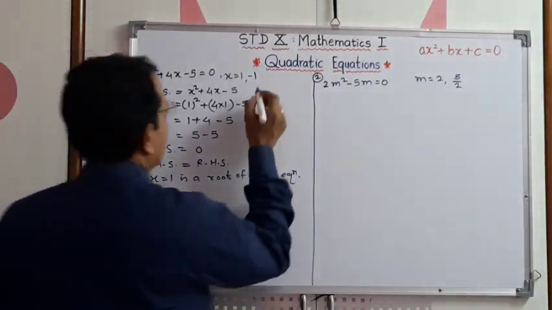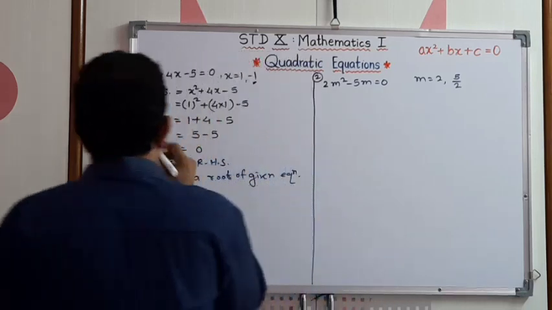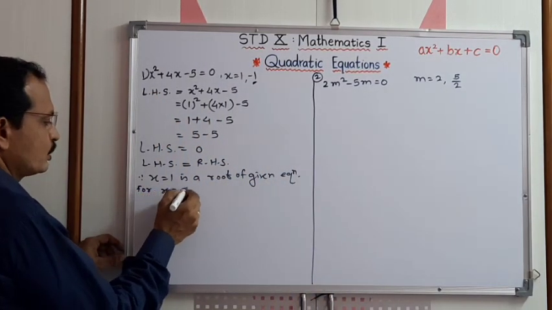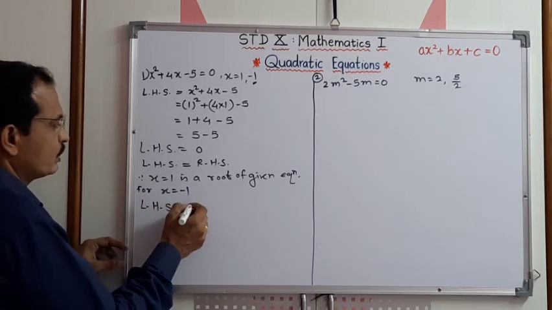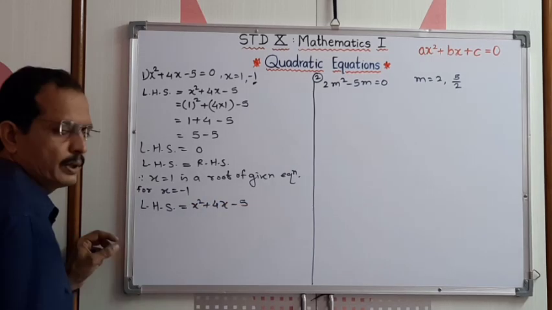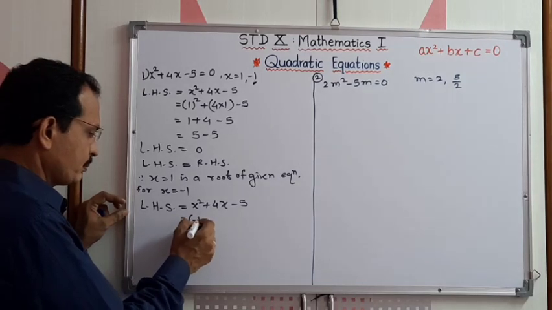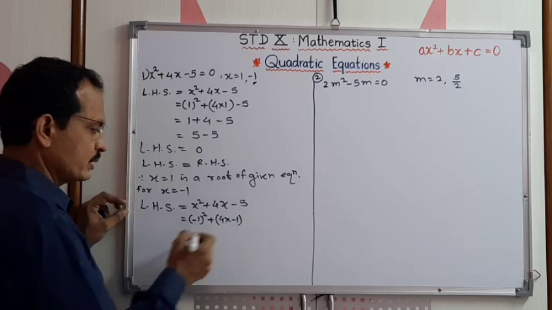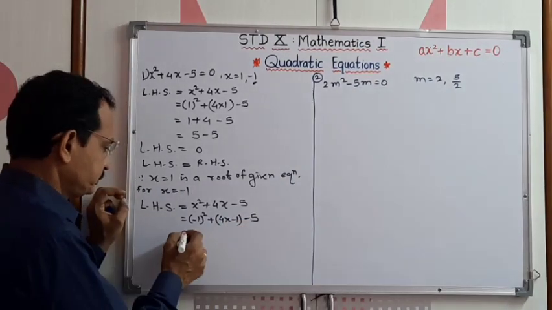Now, let's start for x is equal to minus 1. Again, we have to write for x is equal to minus 1. LHS is equal to x square plus 4x minus 5. Substitute x is equal to minus 1. Minus 1 square plus 4 into minus 1. Write it in a bracket. Minus 5.